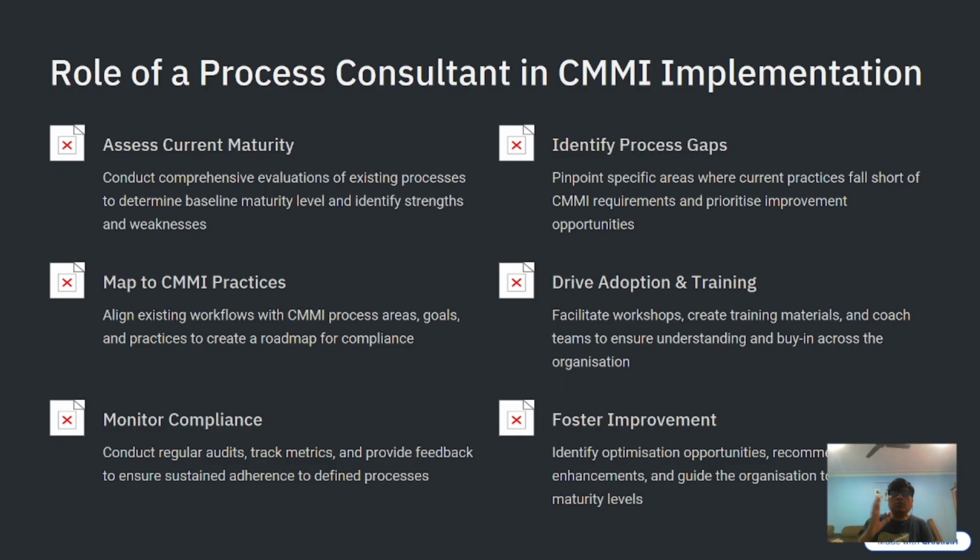Ultimately, it's the role of the process consultant to implement this CMMI into the projects, because project staff, the team members of a project, or the management of the project ultimately put their time into the delivery based upon the schedule, based upon the estimation.